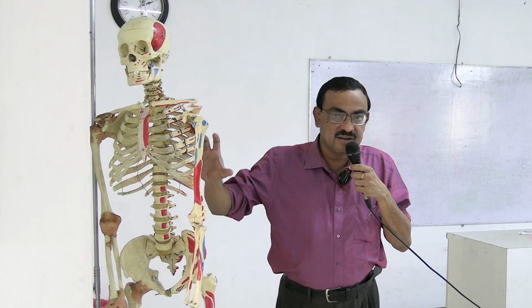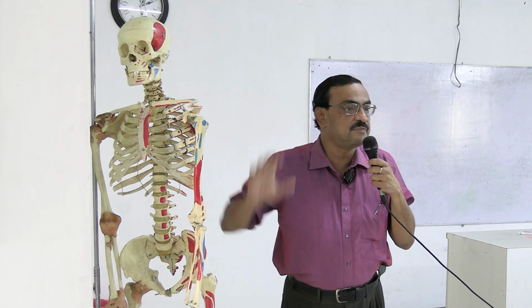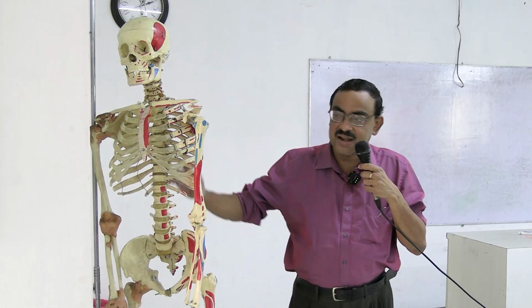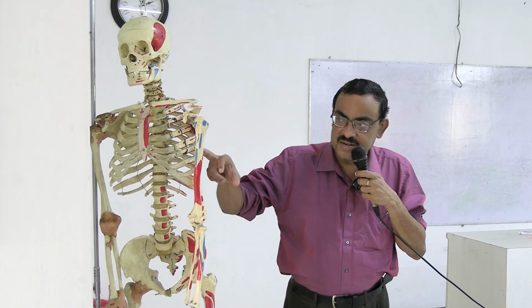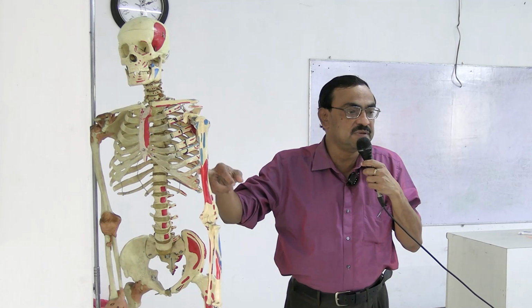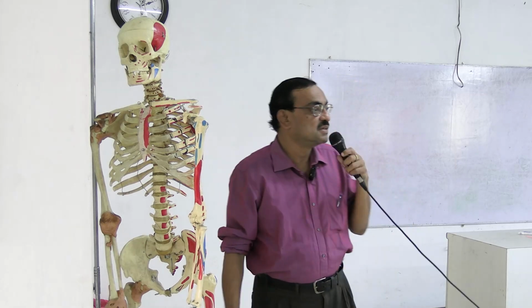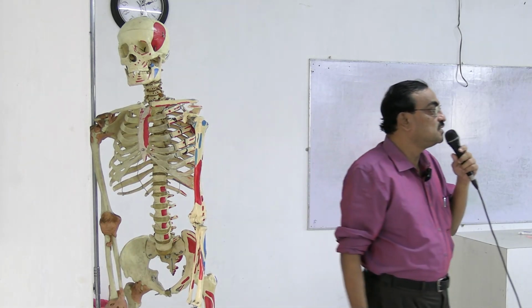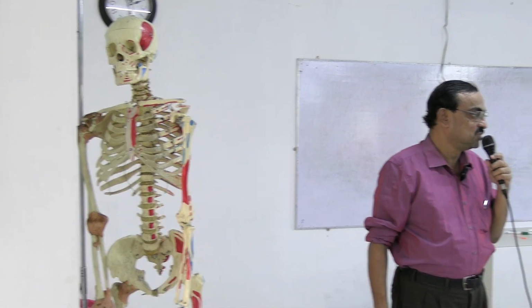That muscle has got extensive origin, and ultimately this muscle goes straightway and there is an insertion at the bicipital groove. That means that is the latissimus dorsi muscle.